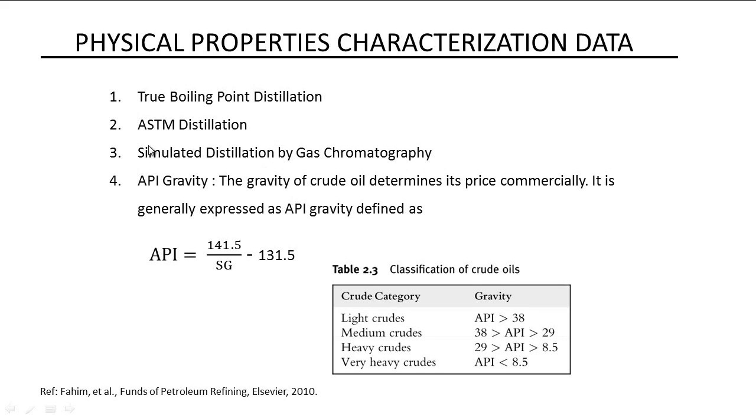And this gives you API gravity, which is quite important, since you can use that number to classify what kind of crude you are using in the refinery. The API gravity is based on this equation. Of course, first, after measuring the specific gravity, you can use this equation to convert to API gravity.